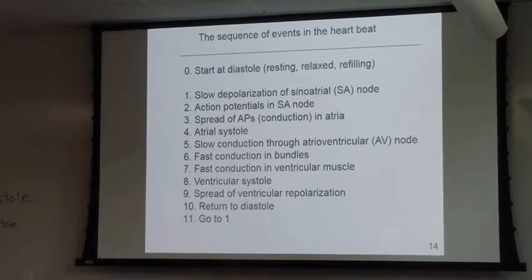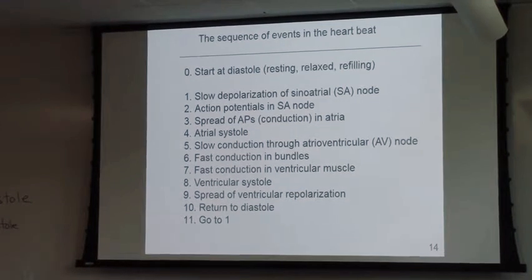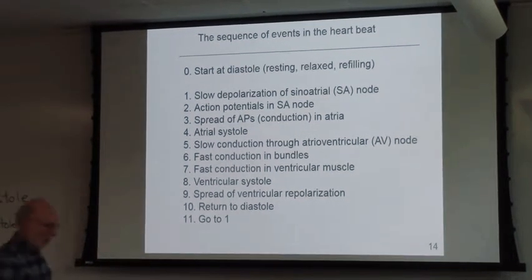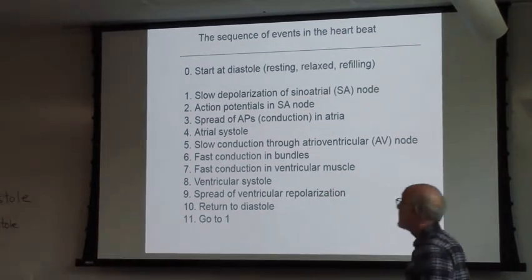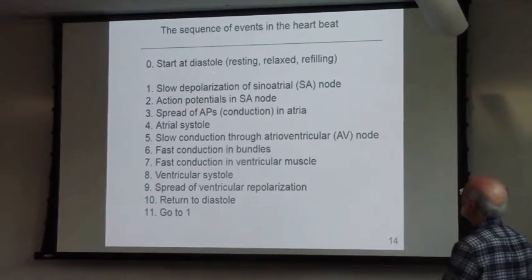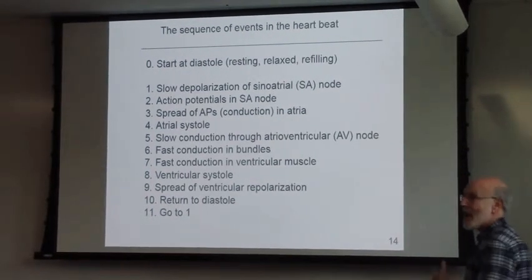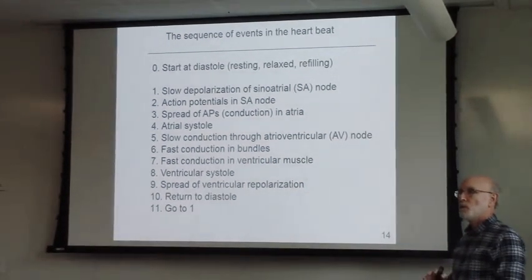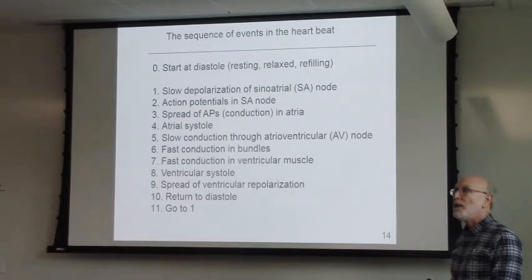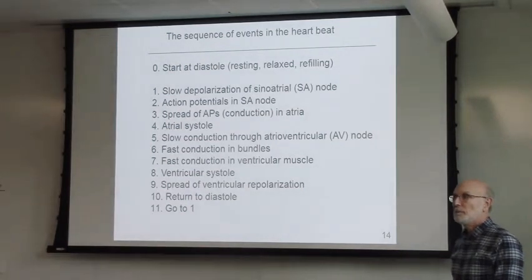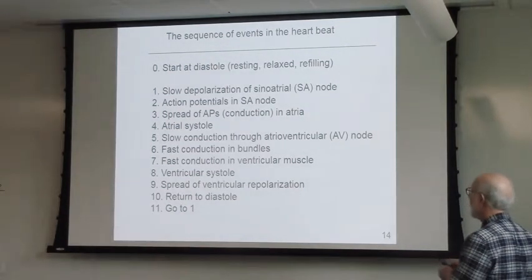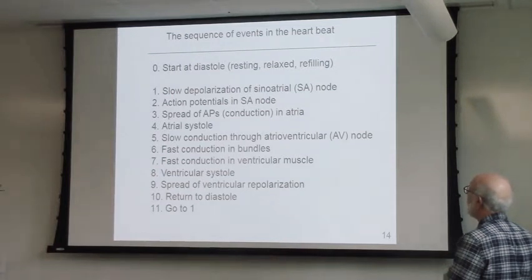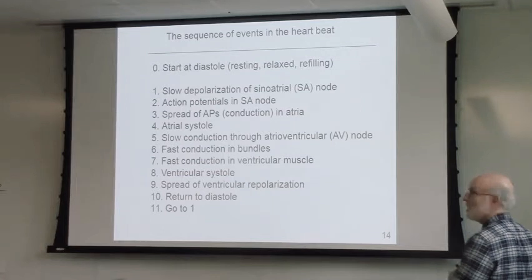So now, let's walk through the sequence of events in a heartbeat. We have talked in detail about some of these. So we're going to start at diastole. The heart is relaxed, it's resting, it is refilling with blood. Then there is the ultra-slow or pacemaker depolarization in the SA node.